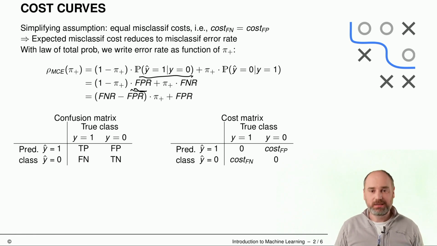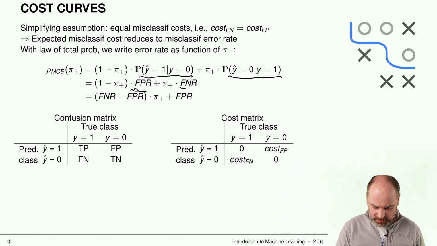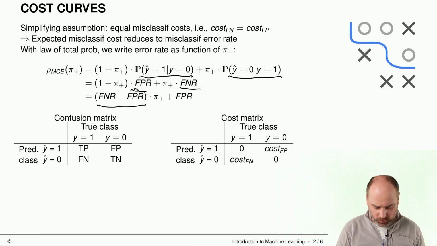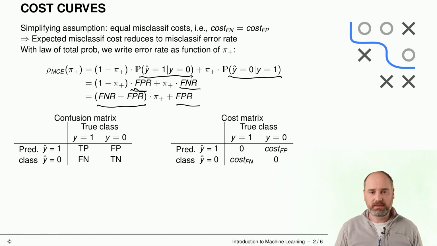So we predict a positive element, but that was actually a mistake because the label is 0. And this one here is obviously the false negative rate. Now we can rearrange terms a little bit, and what we end up with is a nice little formula for a straight line, where the slope of that straight line is given by the false negative rate minus the false positive rate, and the intercept is simply FPR.